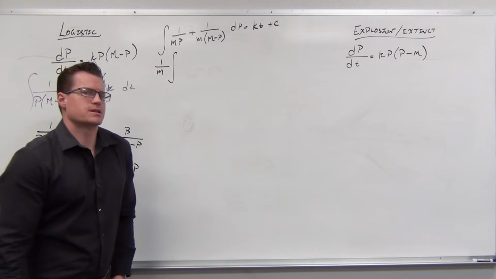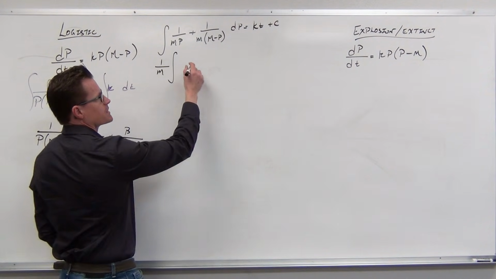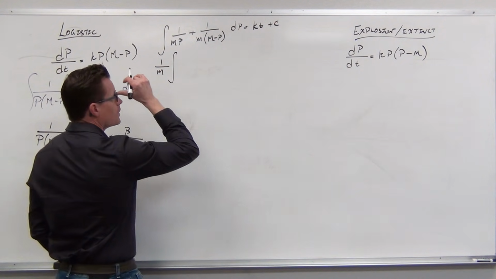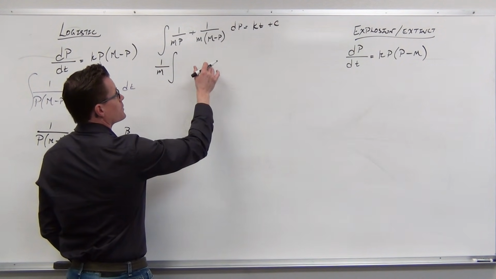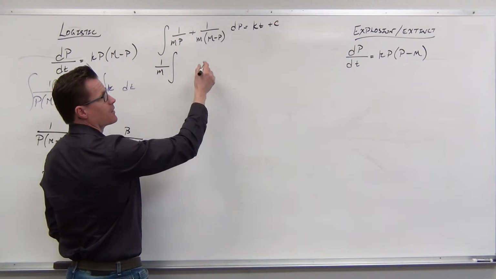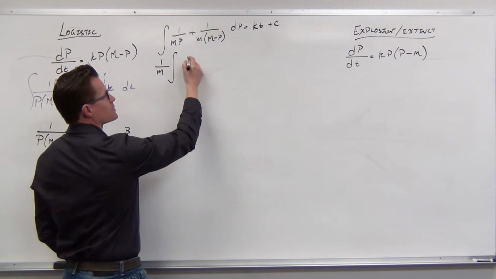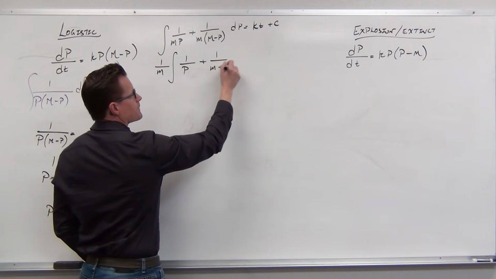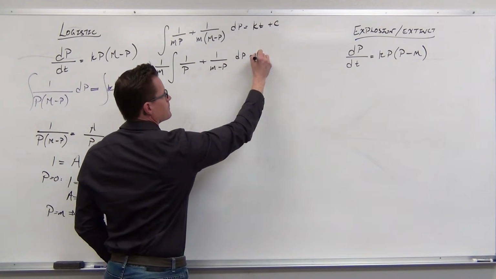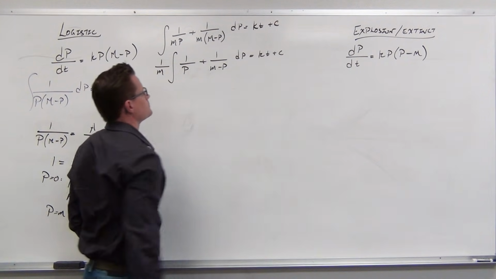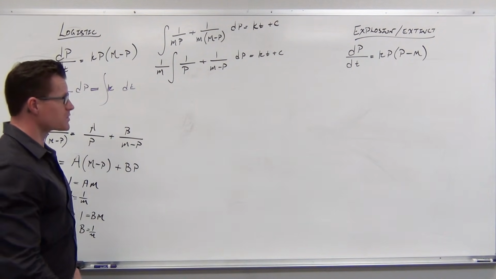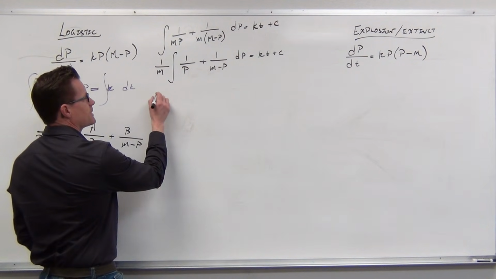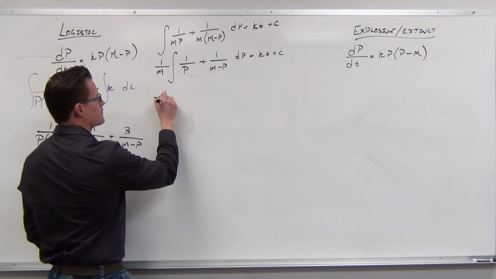Another thing that I'm going to do, and this is going to seem kind of weird at first until you realize why I'm doing it. I'm going to factor out a negative as well. So I'm going to put this 1 over P plus 1 over M minus P dP. What I'm going to choose to do is factor out a negative.